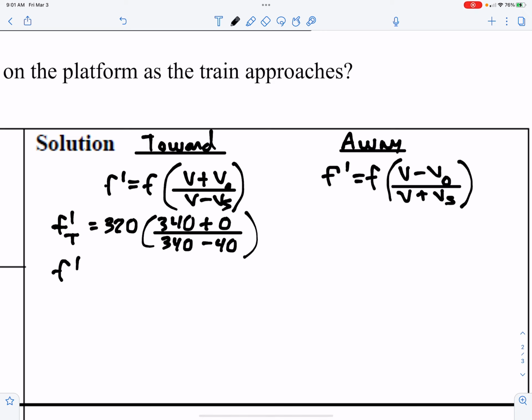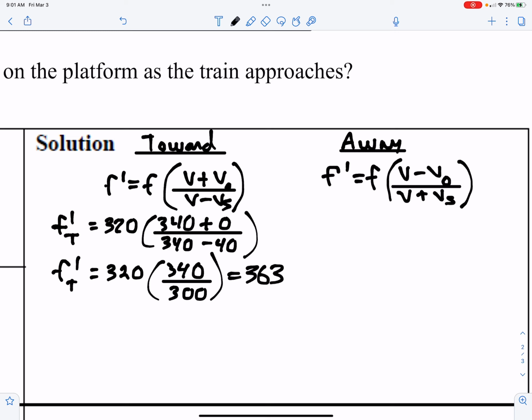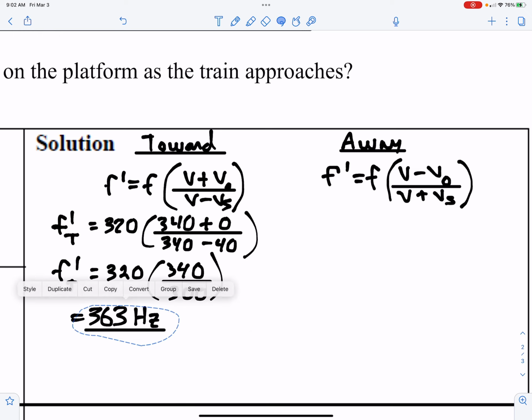Okay, so for the observed frequency coming toward you, we have 320 times 340 over 300. So let's go 340 over 300 times the frequency of 320, and we are getting an observed frequency when it's coming toward you of about 363 hertz, roughly. Okay, that's not the answer yet, but it's going to help us get there. I'll put it down here.